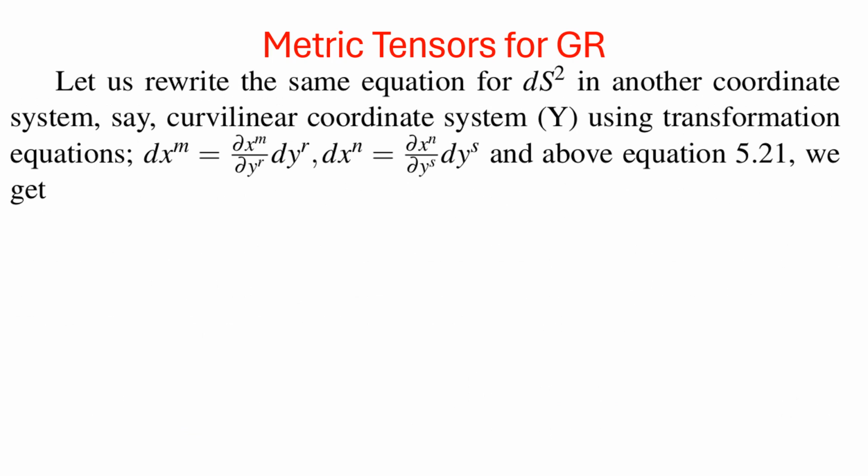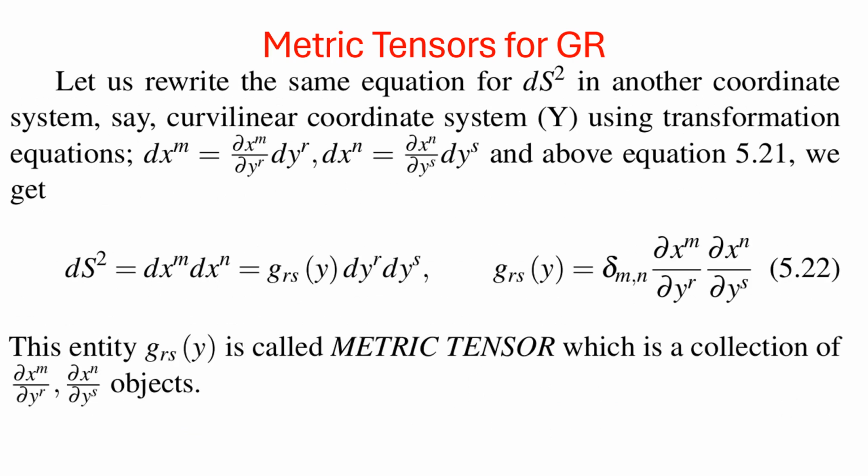We can rewrite the metric tensor in the same fashion, where you can observe GRS, which is actually del mn into del xm by del yr into del xn by del ys. Here GRS is called the metric tensor, which is actually a collection of these partial differentiating objects.